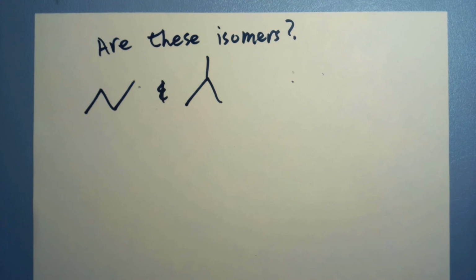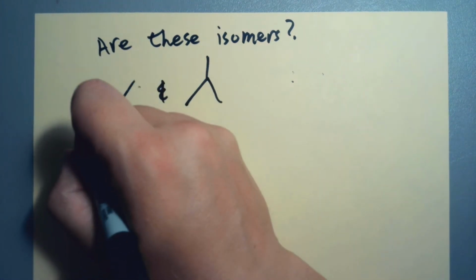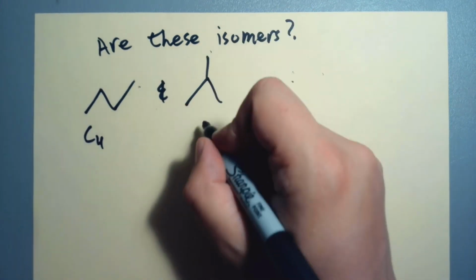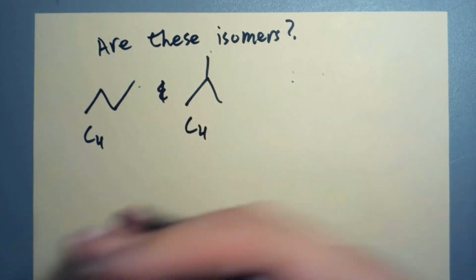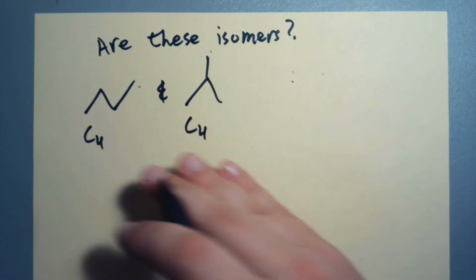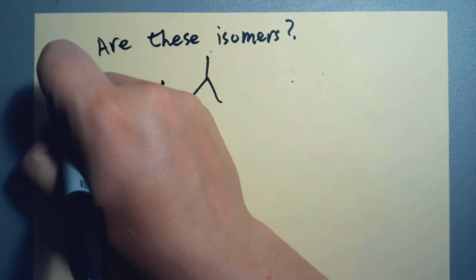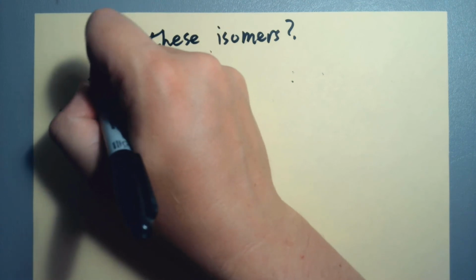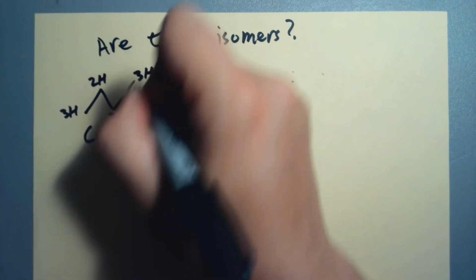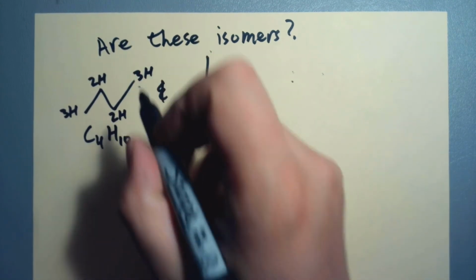Well, what's the molecular formula? I've got 1, 2, 3, 4 carbons, so this is going to be C4. Okay, maybe they're isomers. I'm not done, but I can't rule it out yet. Start with the carbons, the easy part, because remember, hydrogens are tricky. I've got 3 H's, 2 H's, 2 H's, 3 H's, so that is C4H10 when I add it up.